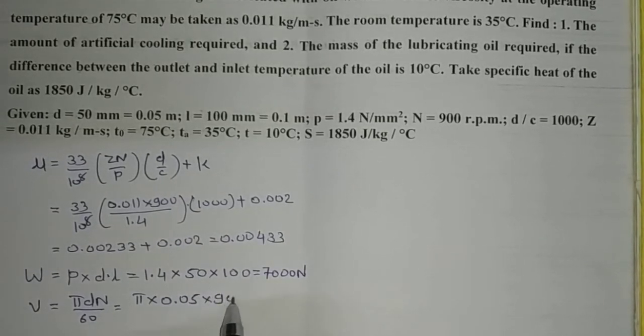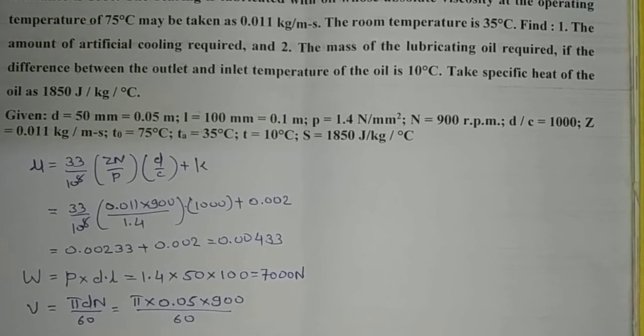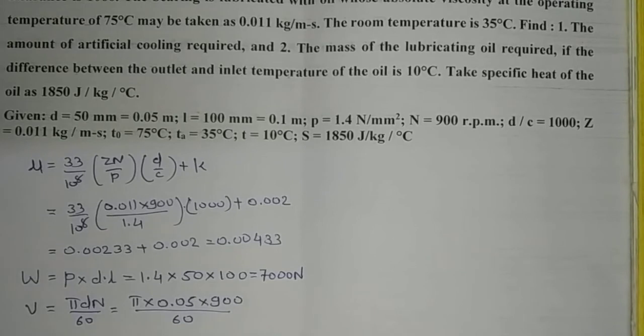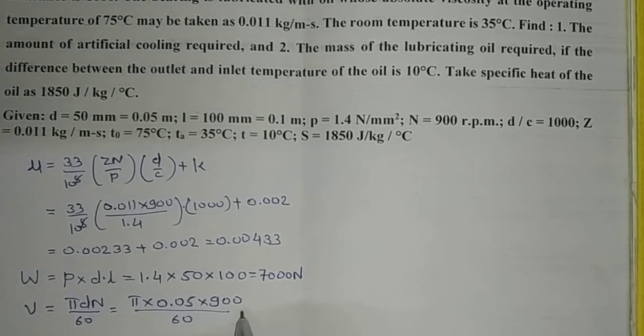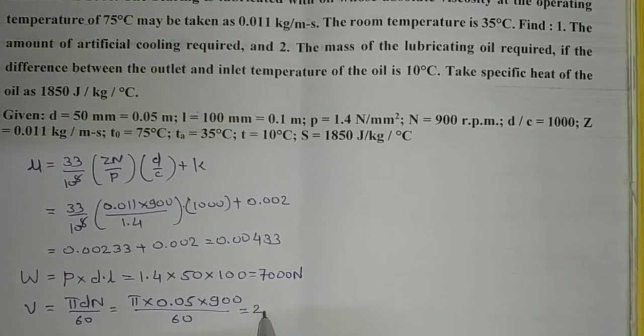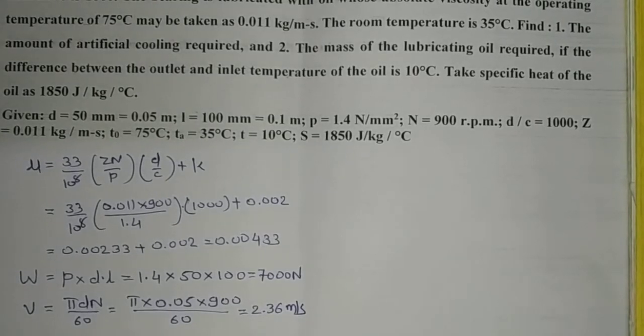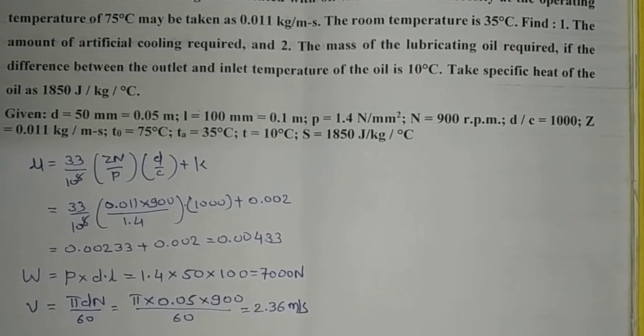N is equal to 900 divided by 60. From that you can find the value of V is equal to 2.36 meter per second.